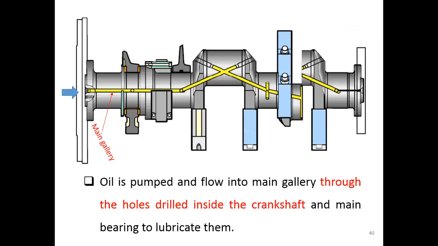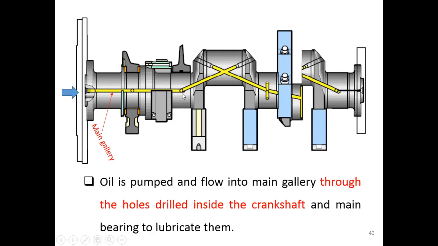In these pictures, you can see that the oil is pumped and flows into the main gallery. This is the feature of the force feed system. We have an oil gallery inside the crankshaft to do the internal lubrication for the main bearings on the crankshaft.